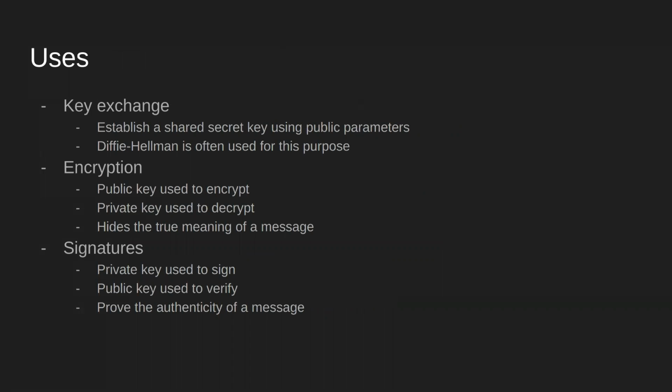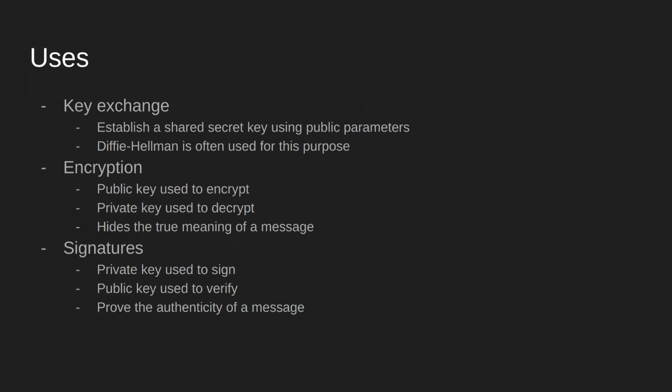There are several uses for asymmetric crypto: key exchange, encryption, and signatures. Key exchange is where you use asymmetric crypto to share keys between multiple parties. Usually these are symmetric keys, or MAC keys, I guess.